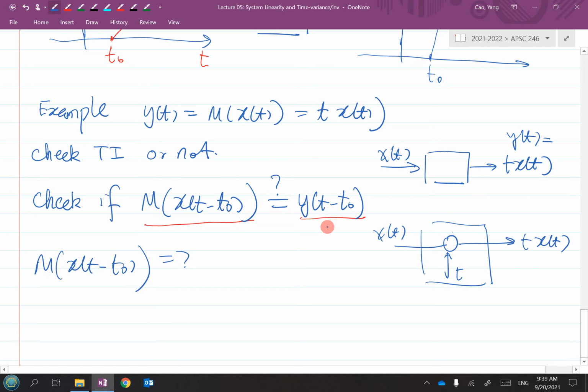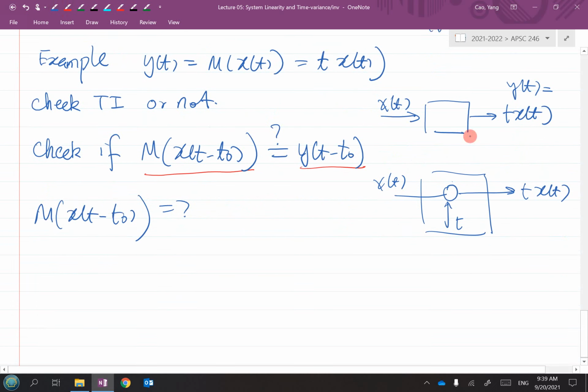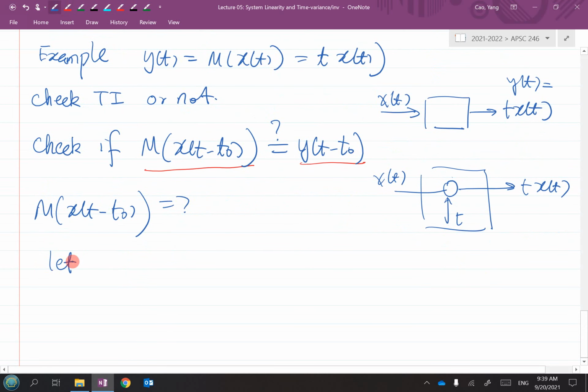Now, y of t minus t naught is actually quite easy. Often the TI one will be a little bit tricky to your brain. So what do we do, as always, if the input term looks complicated, you could always introduce a new function to represent this new input. So let me introduce a new function name called xd of t equal to x of t minus t naught.